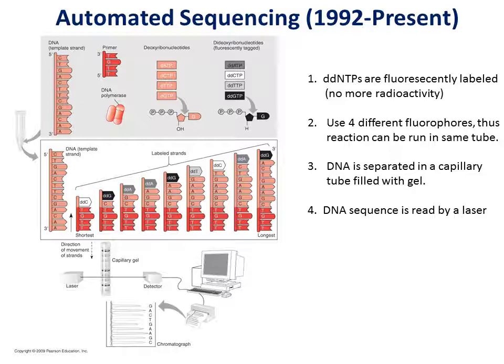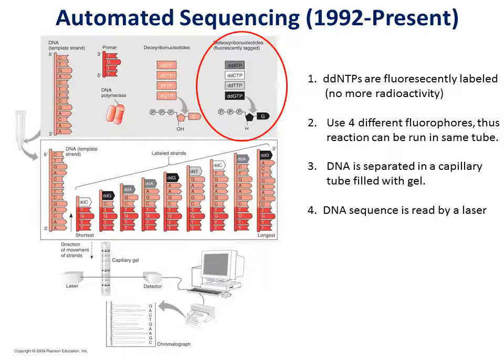So you could do all 4 reactions in one tube because you attached 4 different fluorophores onto the A, the T, the C, and the G of the dideoxy form. You would then run these samples through a capillary tube that was filled with gel. The DNA would separate out based on size, much like it does in the agarose gel, and the DNA sequence is then read by a laser.